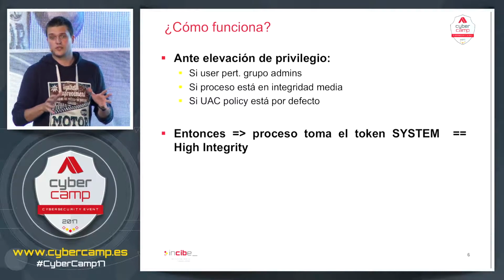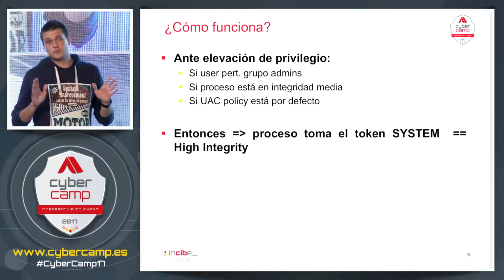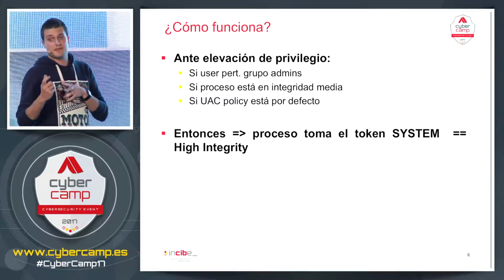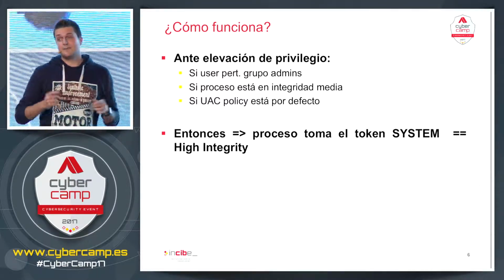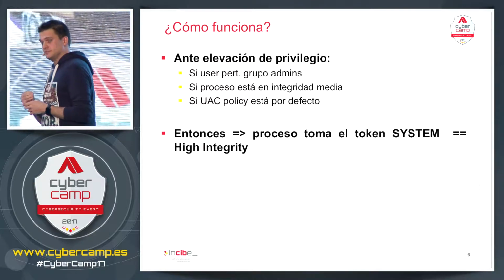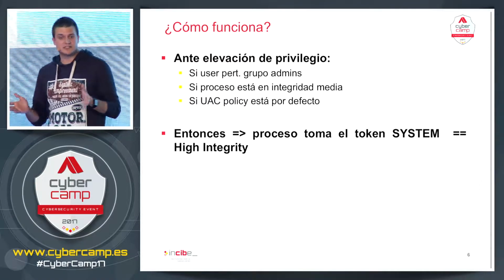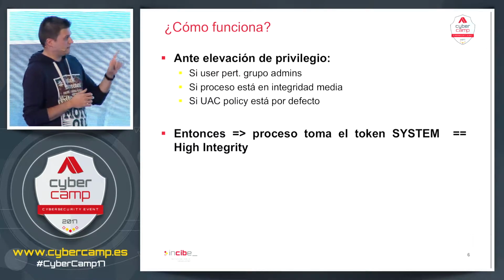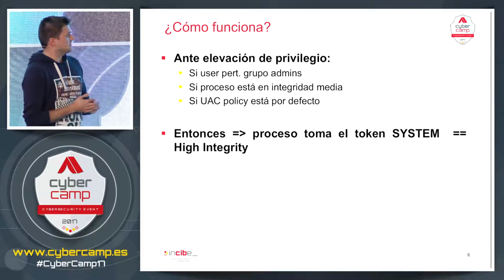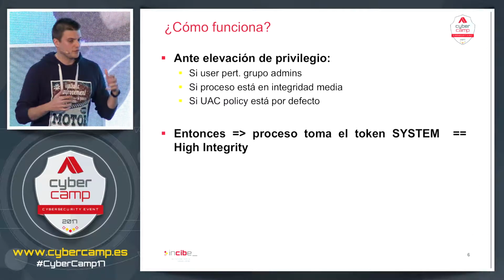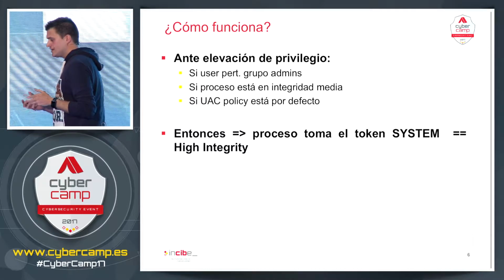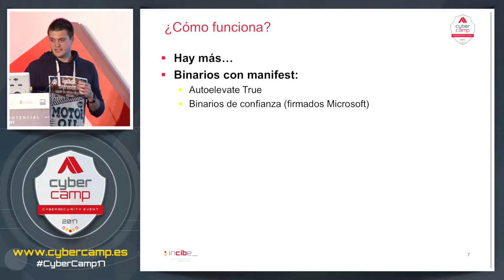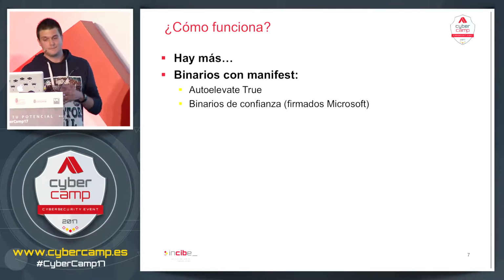And if you're running as a user of the administrator group, any process with integrity, and if there's a default UAC policy in place, then you'll be able to have a bypass.